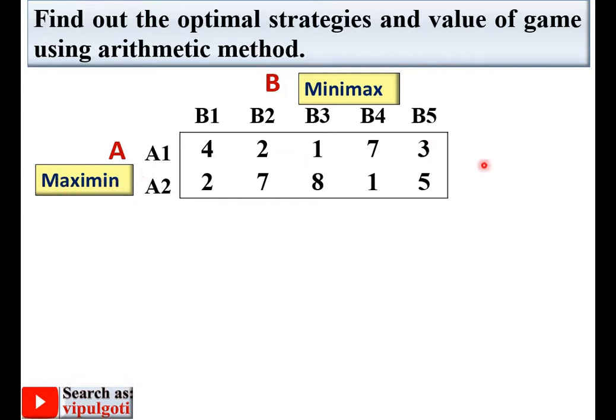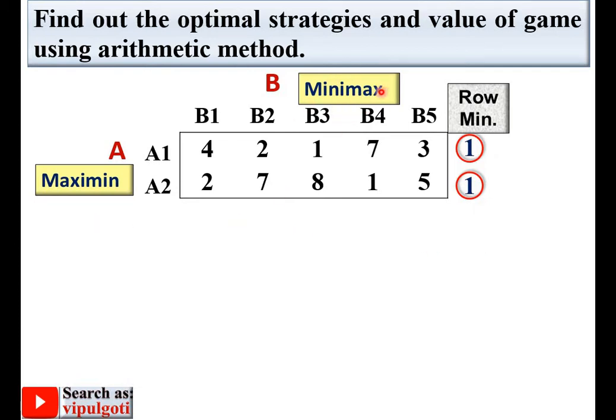So first I find the minimum value from each row, called the row minima. Here the minimum value is 1, and here also the minimum value is 1. According to maximin, select the maximum value from all minimum values. Here both values are the same, so I encircle it.